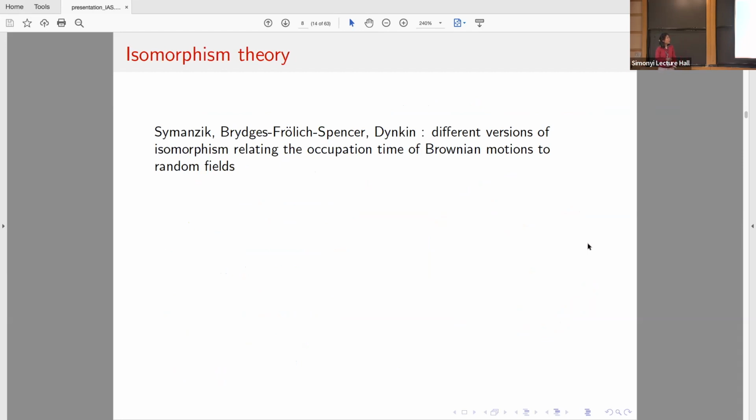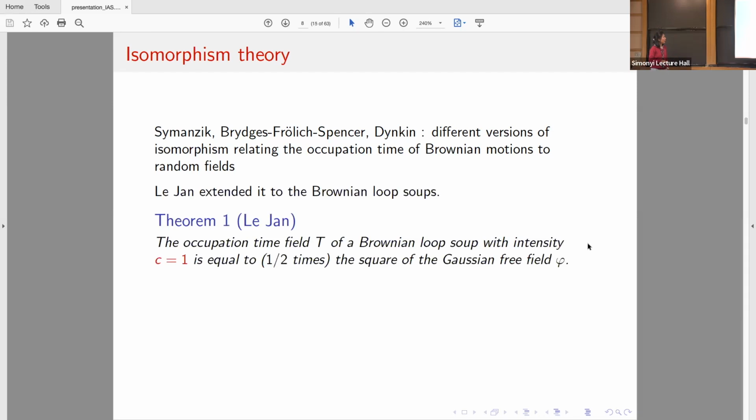There is an isomorphism theory, which was initiated by Symanzik and Brydges-Fröhlich-Spencer and Dynkin, where they studied different versions of isomorphism relating the occupation time of Brownian motions to random fields. Then Le Jan also extended it to the case of Brownian loop soups.